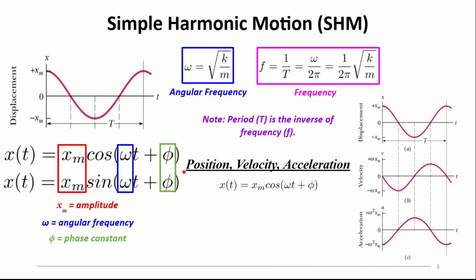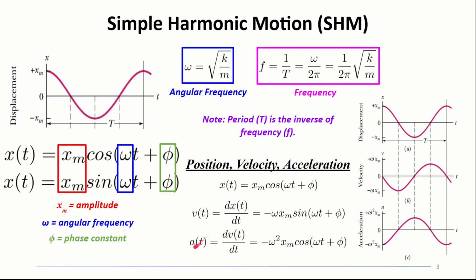And then you model your position, your velocity, and acceleration, with your position being the same as this equation that's right over here. And then you get your velocity, v of t, by differentiating your position with respect to time, and you get negative omega xm times the sine of your function. And that will give you this curve right over here. And then you get your acceleration, that's going to be differentiating v with respect to t. And then you get negative omega squared xm cosine.